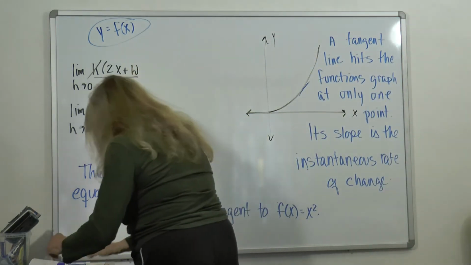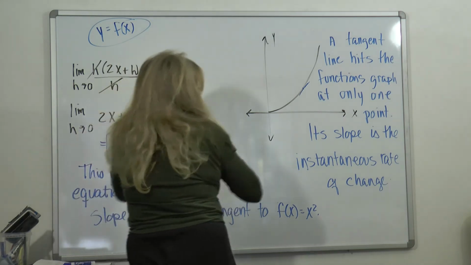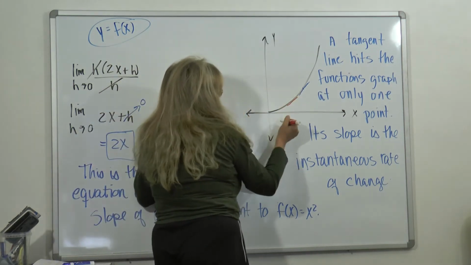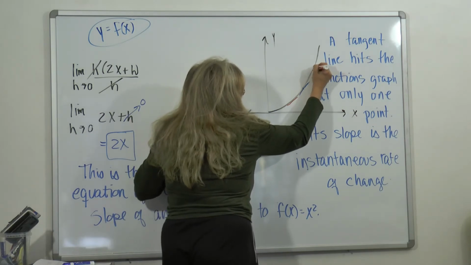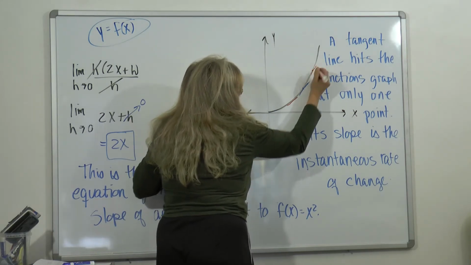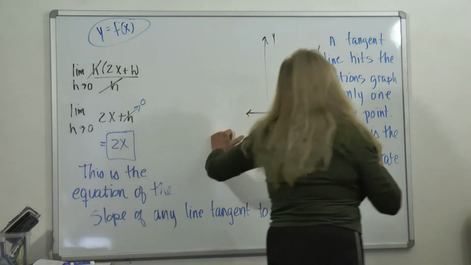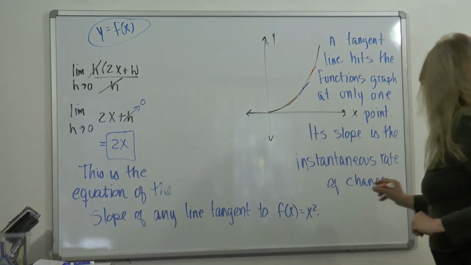There are infinite numbers of tangent lines. Could be that point, could be down here, hitting it just at this point. The slope of the tangent line at that point gives you the instantaneous rate of change. How fast is your function changing at that point?